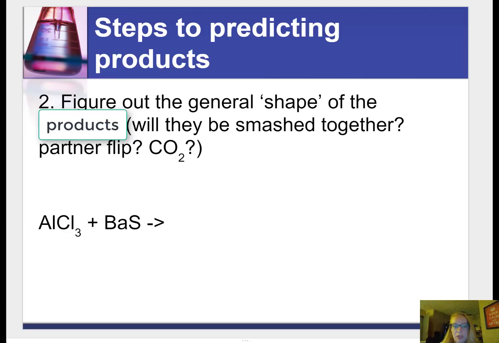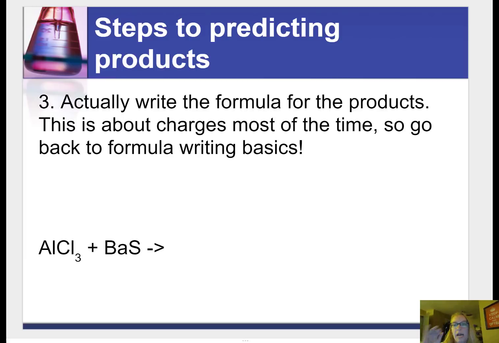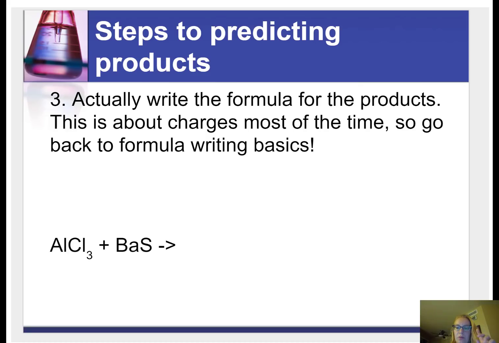So once I know my general shape, I'm going to actually write the formulas for my products. Remember, this has nothing to do with coefficients. We're going back to ionic formula writing and we're just working with the charges. So to review very quickly ionic bonding, you've got aluminum that has a +3 charge, now bonding with sulfur with a -2 charge.